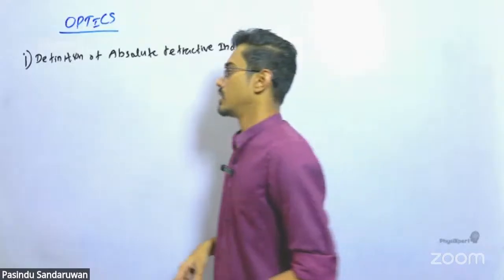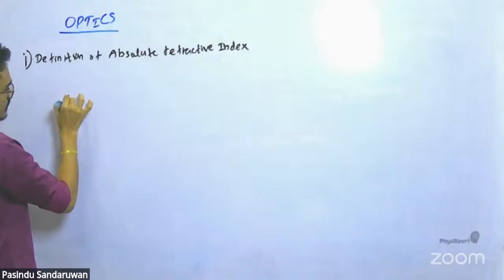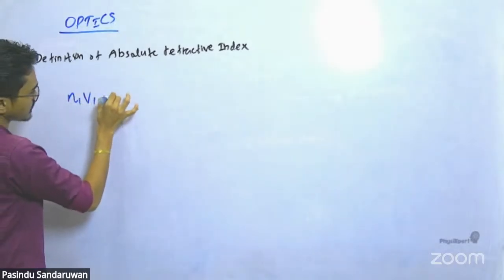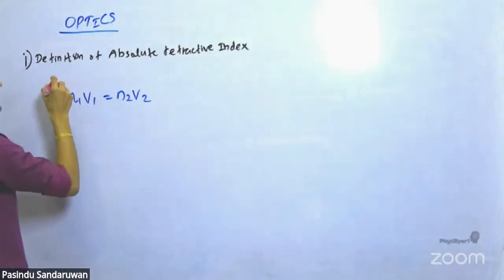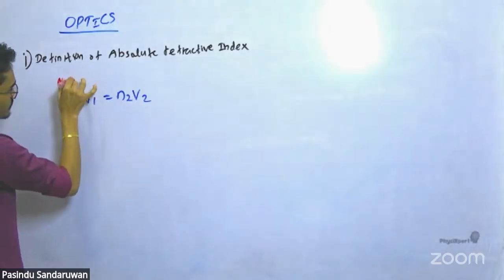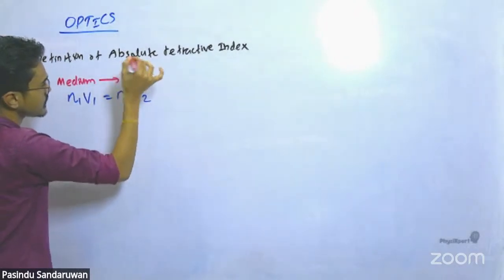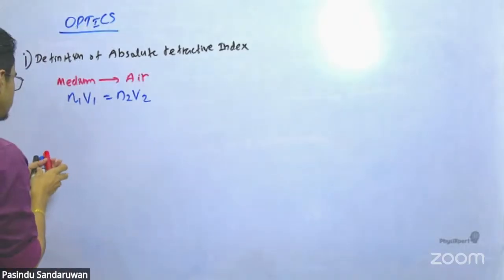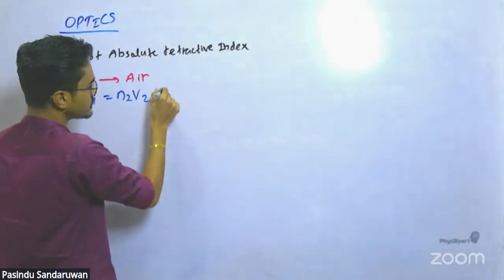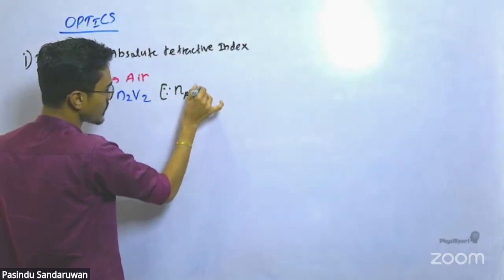Okay. Right here now, we know n1 v1 equals n2 v2. Now I'm going to consider a light ray traveling from a medium to air medium, right? Then we know by definition n of air medium is 1.